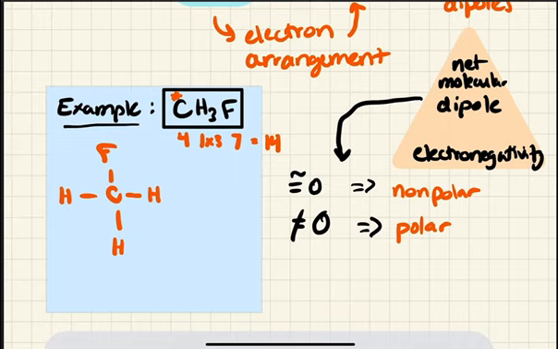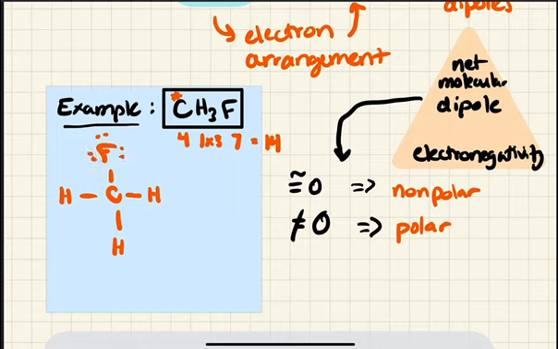So the hydrogens and the carbon are all good. The only one that is unsatisfied at this point is fluorine. Fluorine should have a total of 8 electrons around it to have a full octet, and currently there are just the 2 from the bond. And so if we were to distribute lone pairs to fluorine, we could see if this actually works based on the number of electrons we have to distribute.